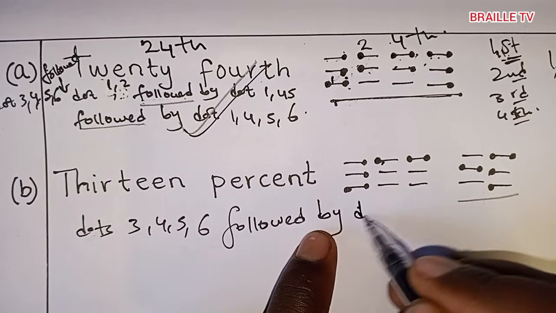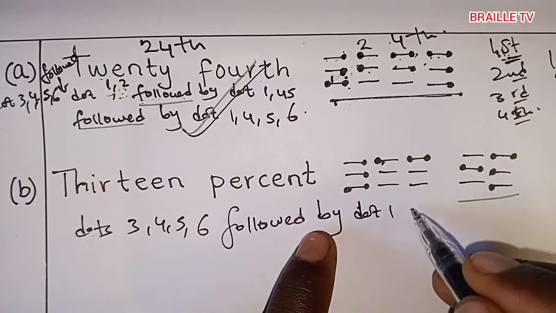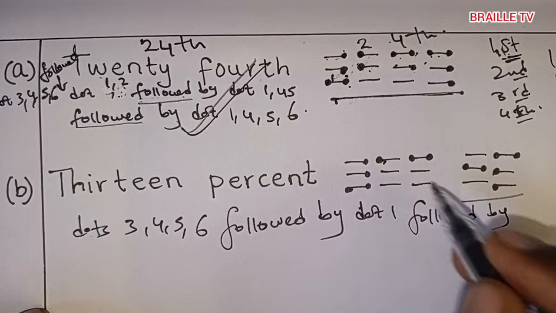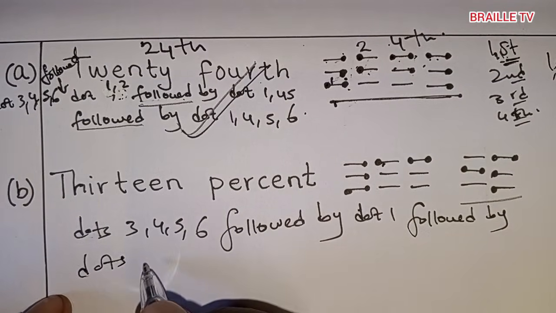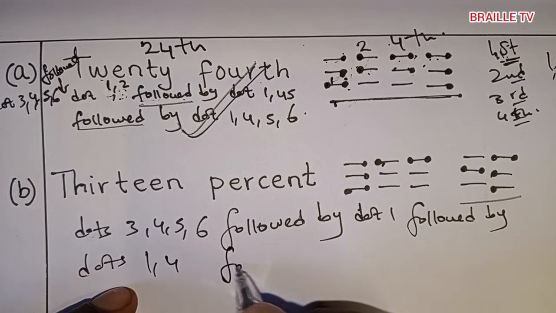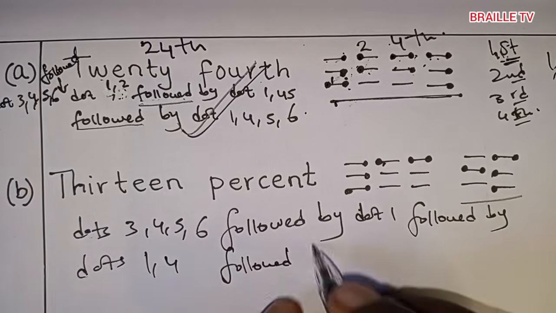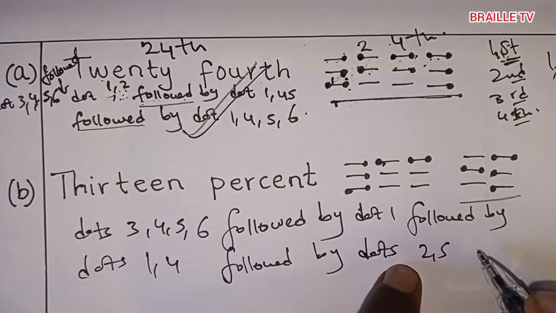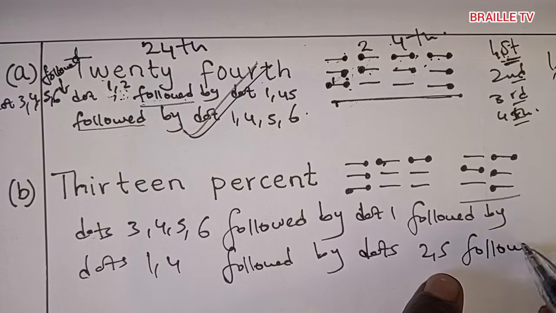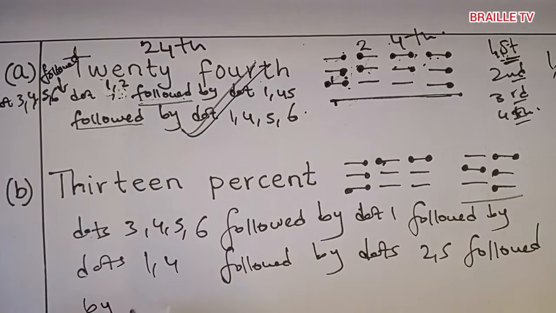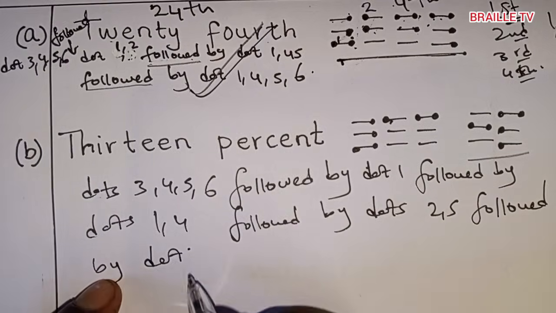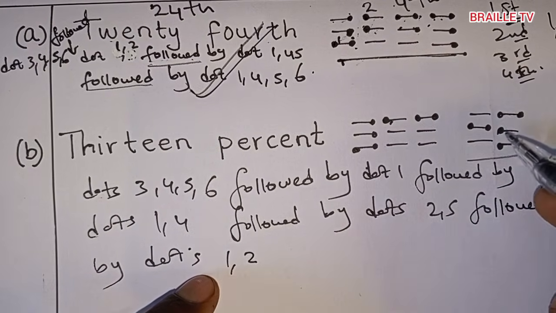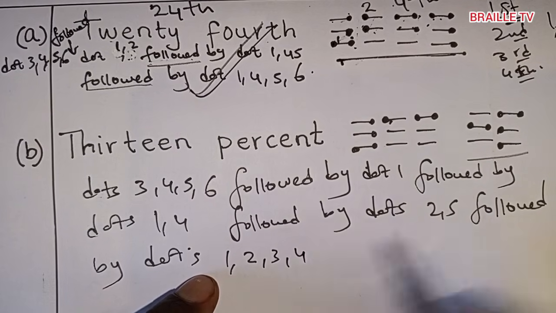Dot 1, followed by dots 1, 4 followed by dots 2, 5 followed by dots 1, 2. Nasoma hizi dots, dot 1, 2, 3, 4. So this one is this one.